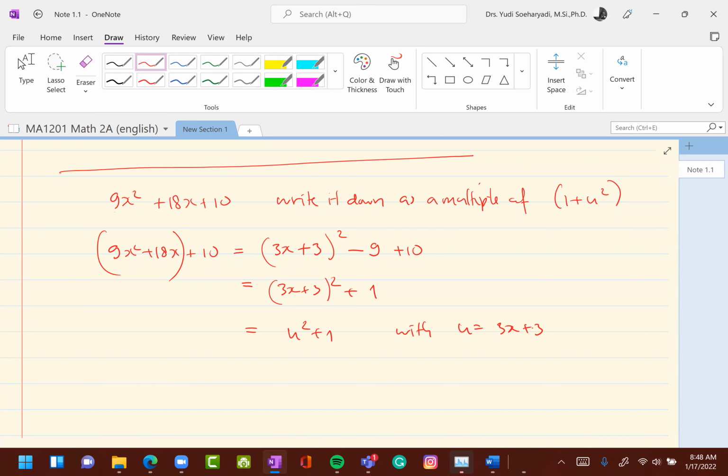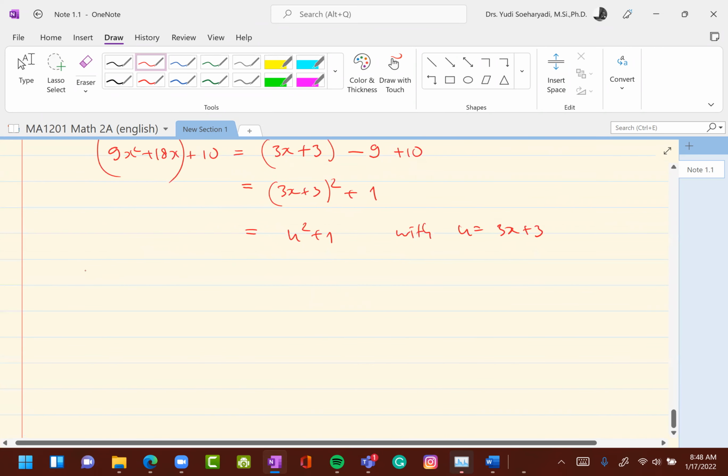So let's compute the integral now, dx over the expression. Let u equals 3x plus 3.